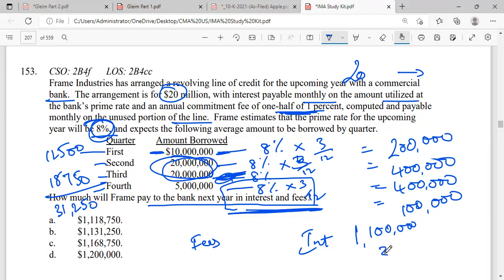Now this 31,250, I'll add it here. How much is it? 1,100,000, 131,250. 1,131,250. That is the answer here.